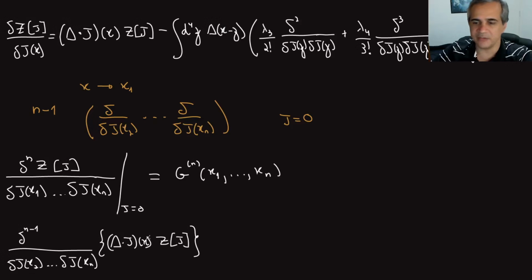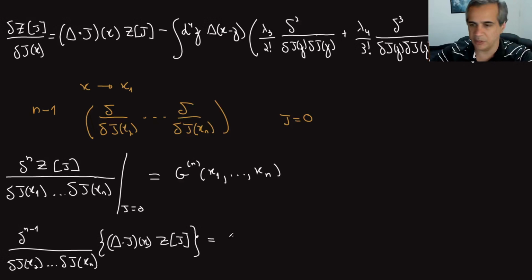But there's always one of them that will have acted on this guy. So let's take the combination where j of x2 has acted here, and the rest just act on z. In this case, when this derivative acts here, instead of this j you get a delta, because there's a hidden integral here, so that variable will become x2.